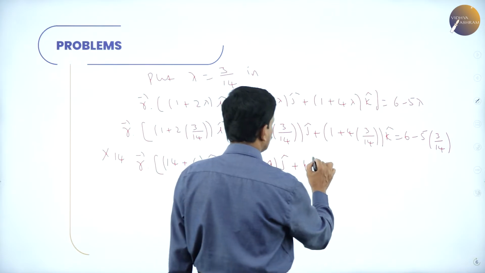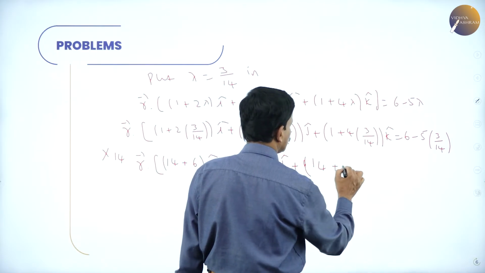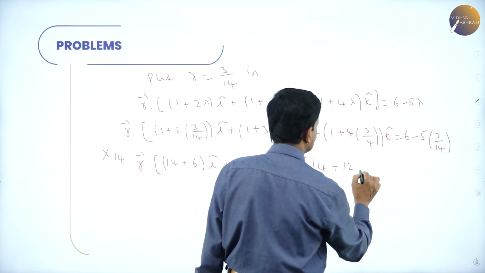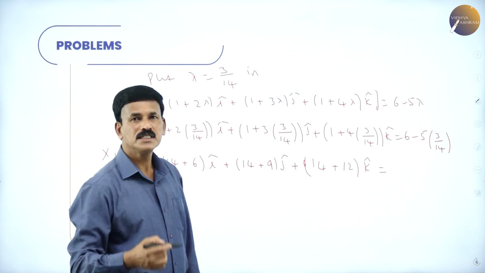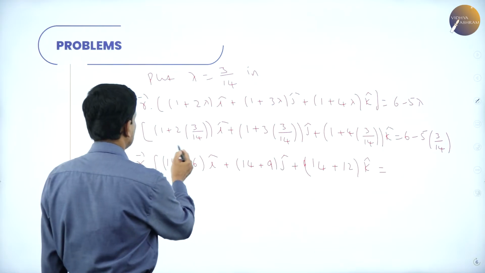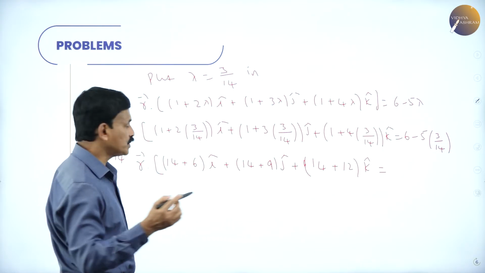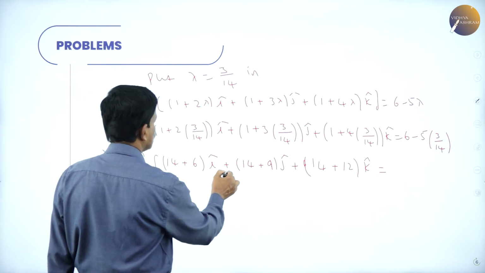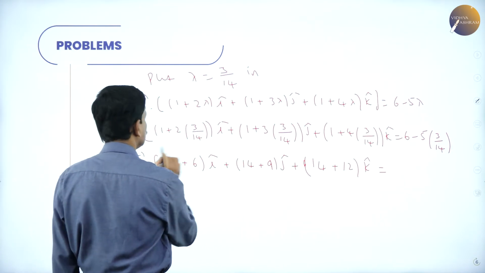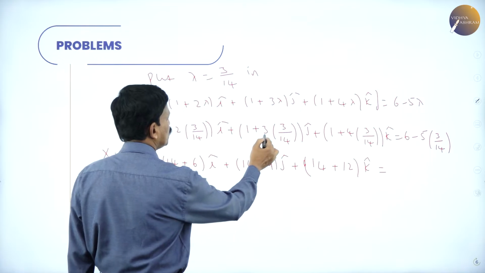Then 14 into 1 is 14, 4 3s are 12 times k, is equal to, okay, just multiply by 14. If you multiply by 14, what will we get? 14 plus 2 into 3 is 6, the 14 gets cancelled.